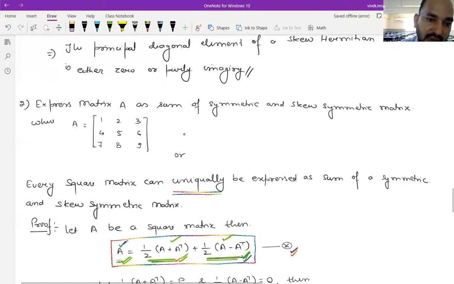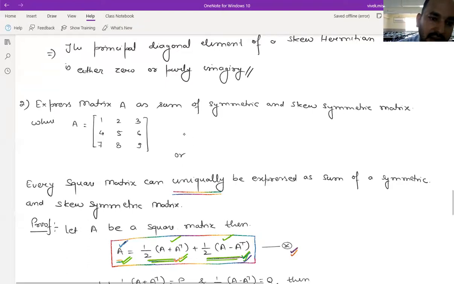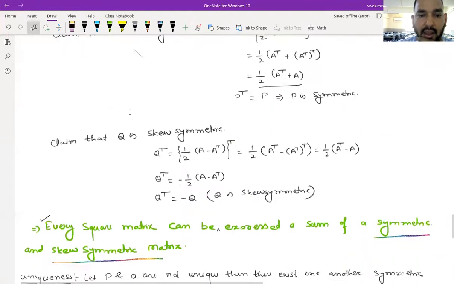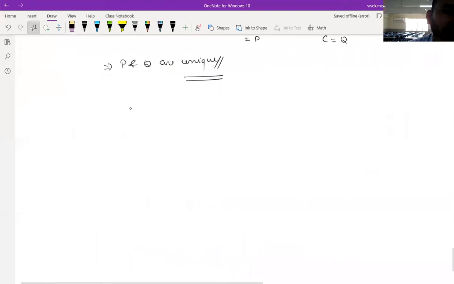So this A is given. If I want to express it as symmetric and skew symmetric, I will find A transpose. A is 1, 2, 3, 4, 5, 6, 7, 8, 9.